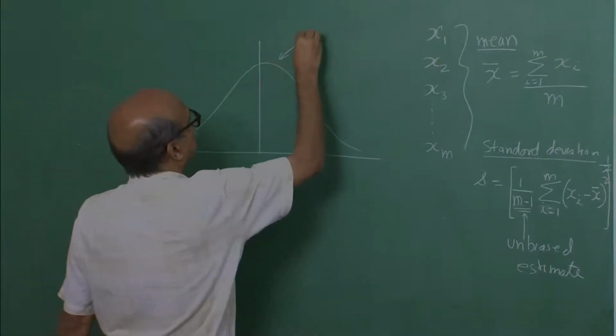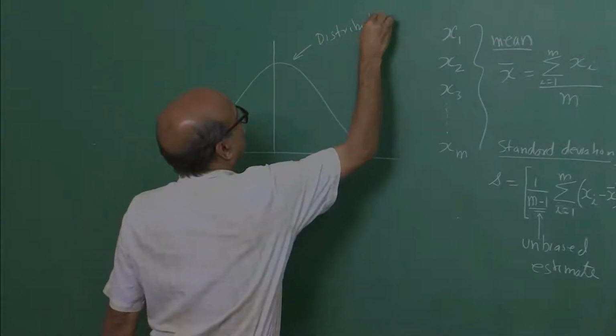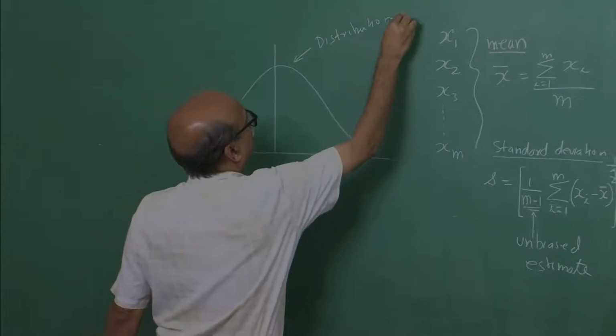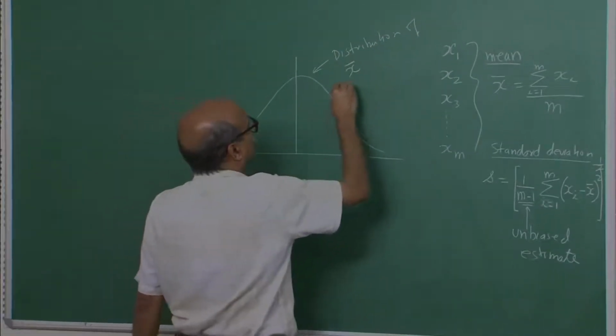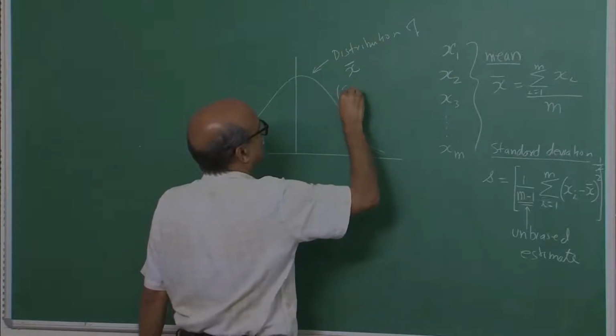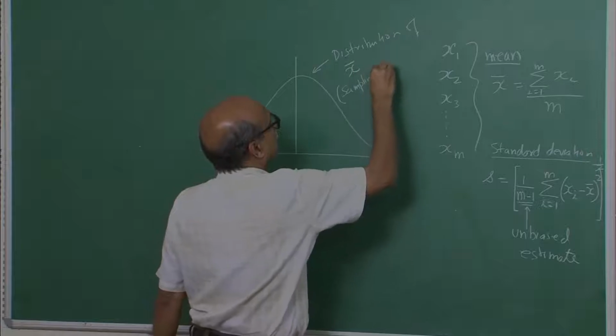So, this is the distribution of x bar. This is also called, in statistics, the sampling distribution.